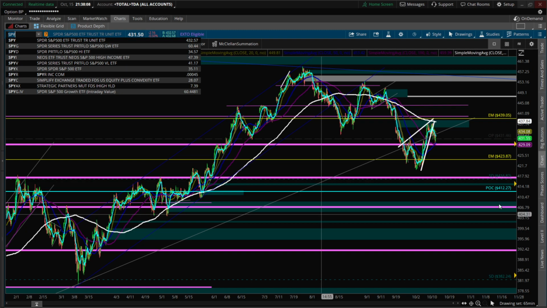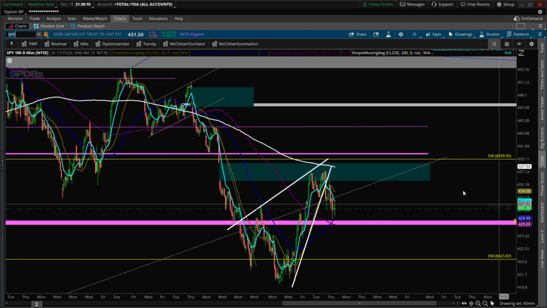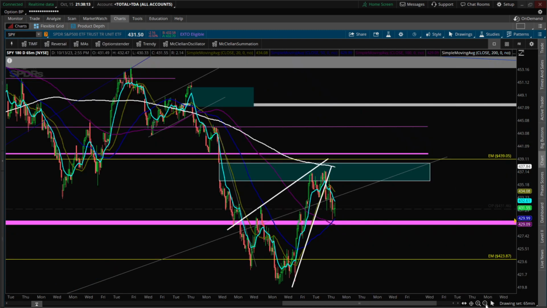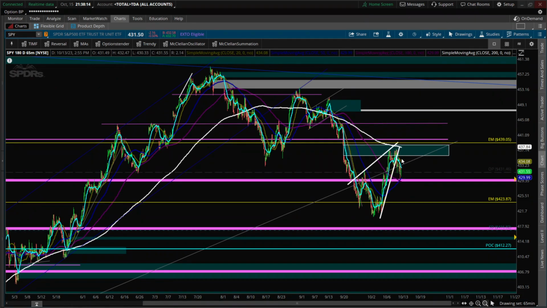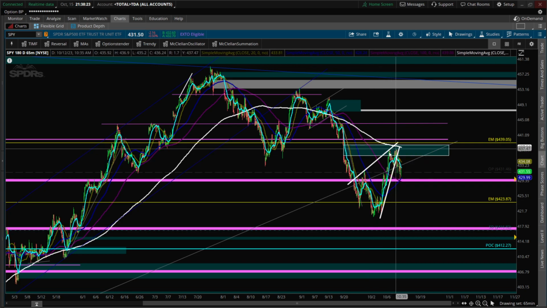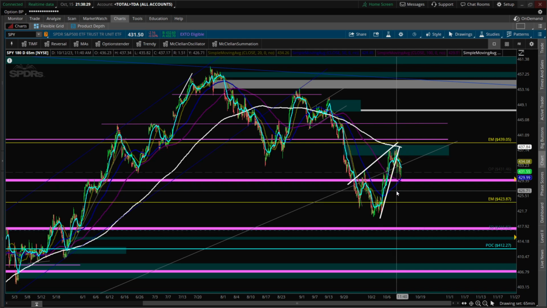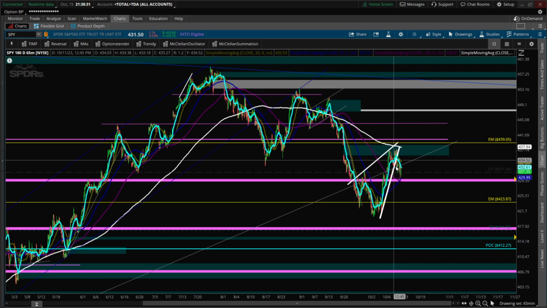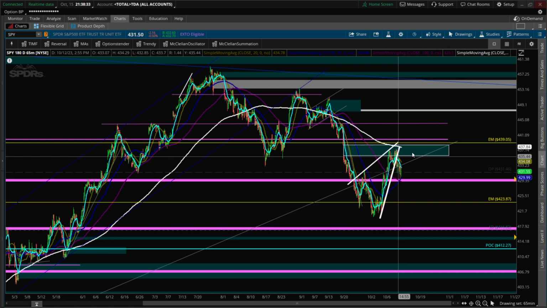What happened, let's see if we can draw some lines here, we had a wedge from this expanded flat, and we had a divergence here. We made a slight new high, and we made lower highs in all the indicators. And so we broke down at that point from this gap resistance.